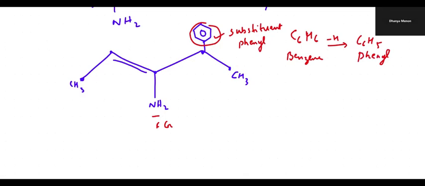Okay, so starting with the numbering. We will number from this side over here because you can see there's a double bond here. So number 1, 2, 3, 4, and 5. At the 4th position, I have phenyl.